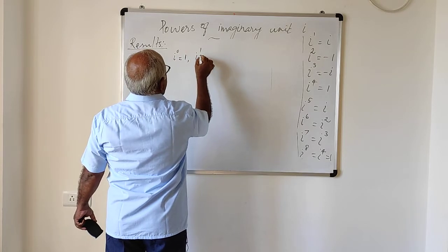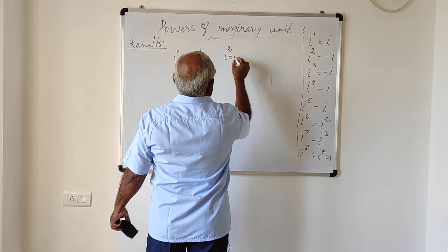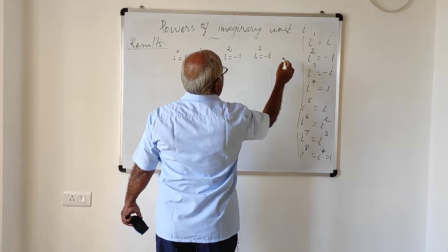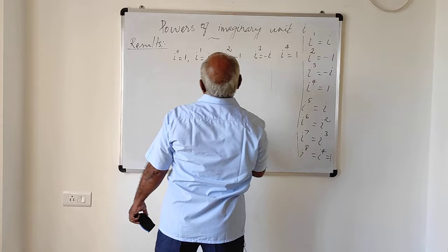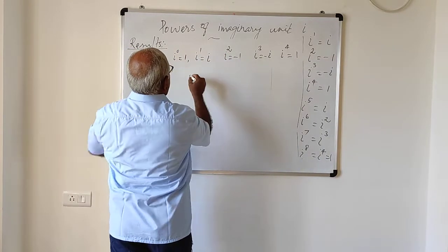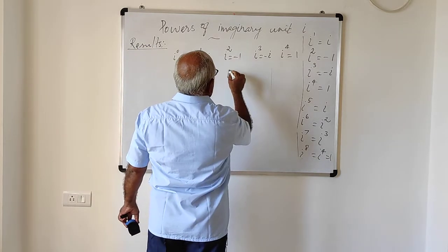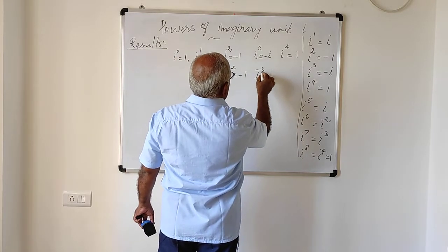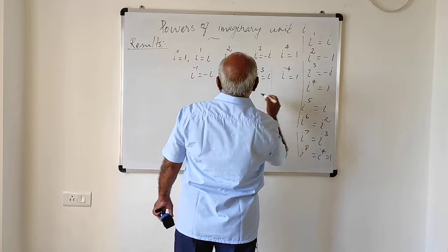I power 1 is i, i power 2 is i square, that means minus 1, i cube is minus i, i power 4 is 1. Similarly, i power minus 1 is minus i, i power minus 2 is minus 1, i power minus 3 is i, i power minus 4 is again 1.